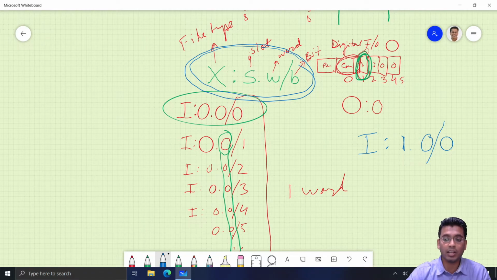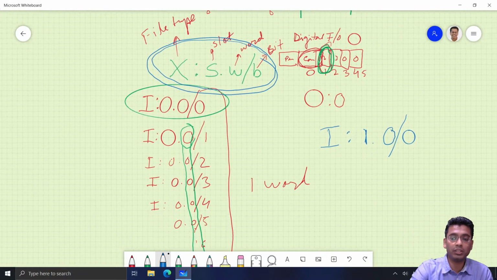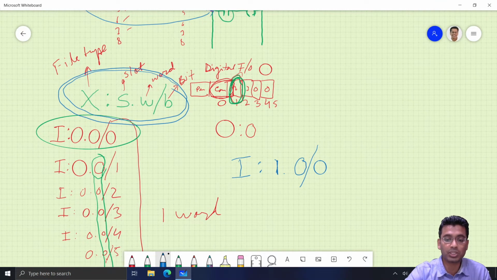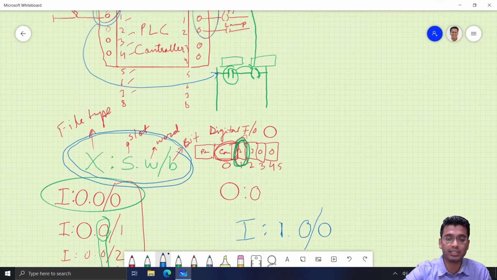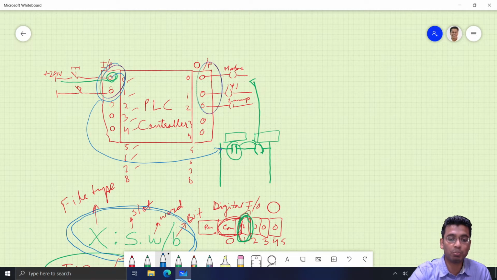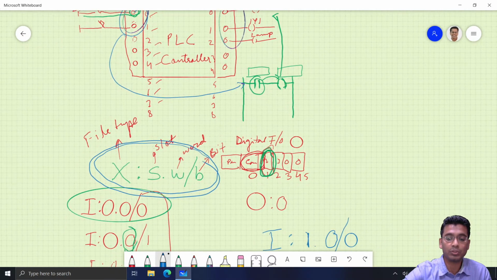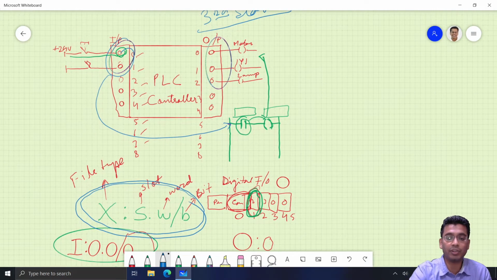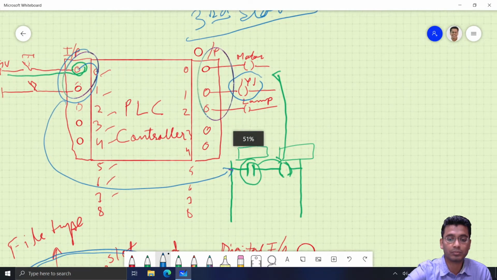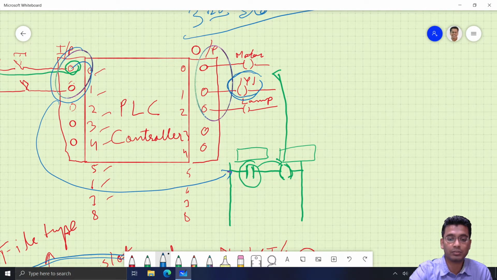Fine, like this. Now let us again try to do the naming of the output. Say you have one output. Say this output module that I drew here was connected to the third slot of the PLC. Now just try to do the addressing for this output. What will you be writing?